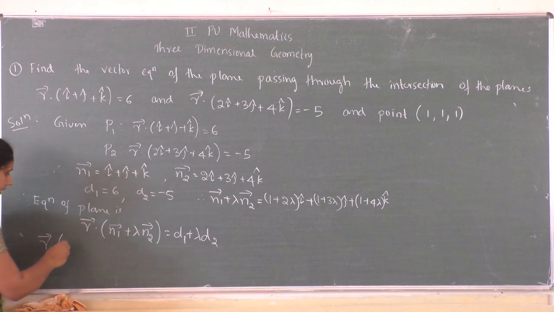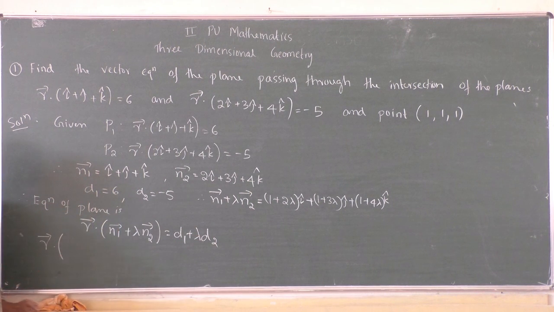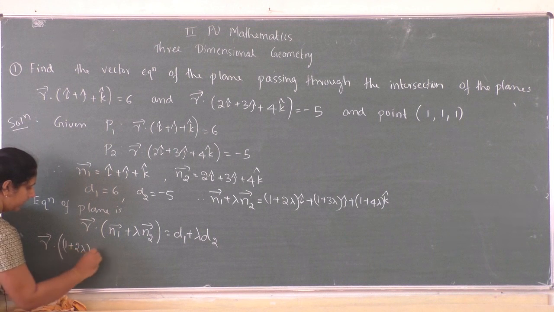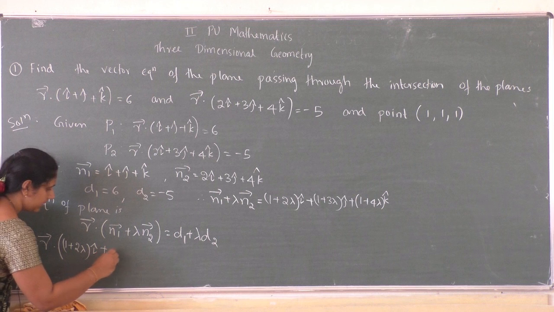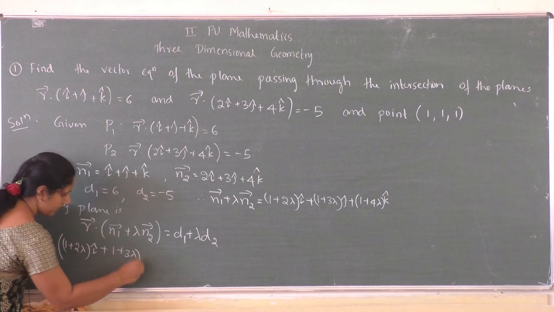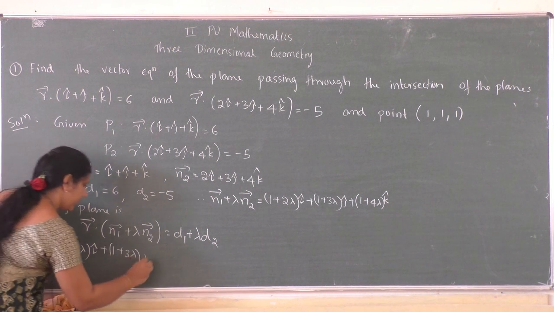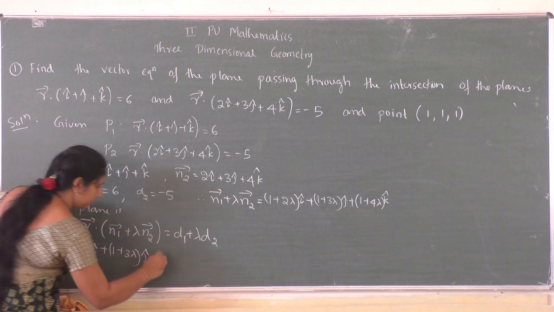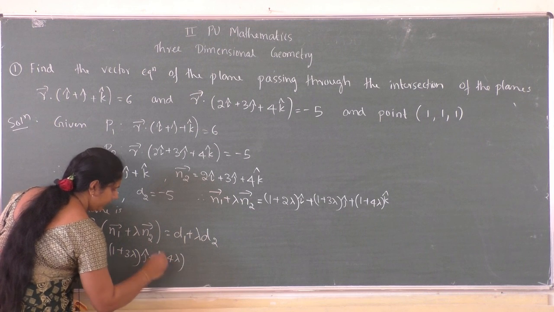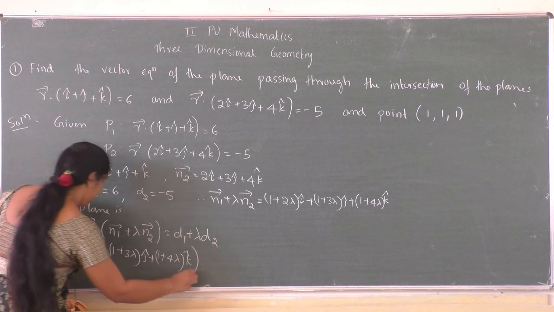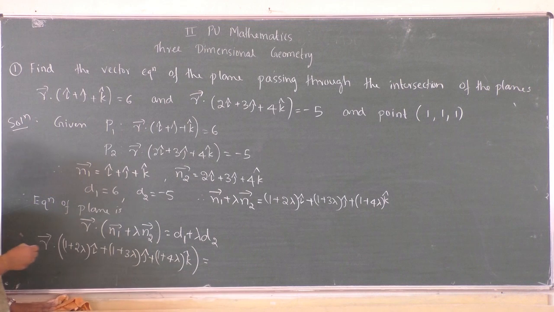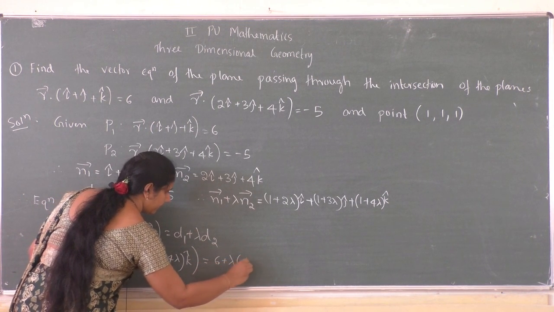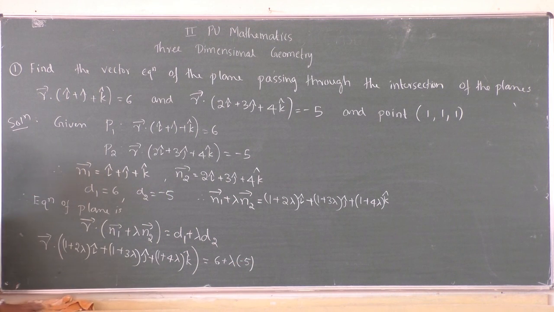So if I substitute here, r vector dot 1 plus 2 lambda i cap plus 1 plus 3 lambda j cap plus 1 plus 4 lambda k cap, which is equal to d1, 6, plus lambda into -5.